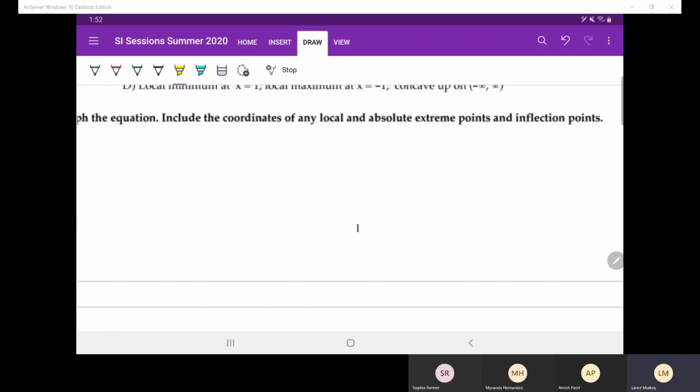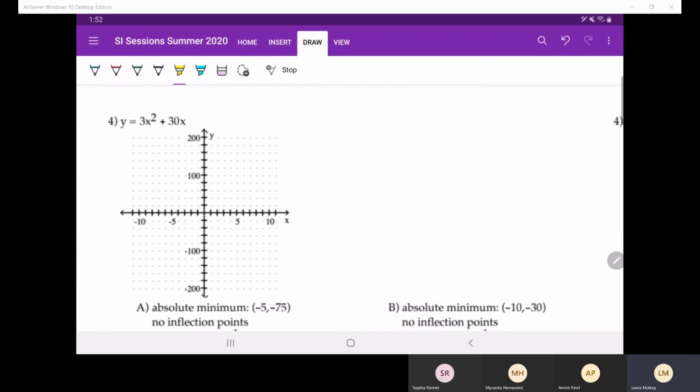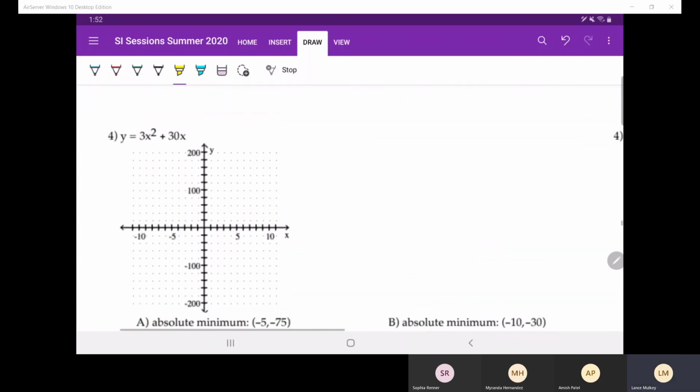Graph the equation, including any local or absolute extreme points and inflection points. So he wants you to graph it. So first thing we need to do, in my opinion, you can find the zeros. So now you know there's a 0 at x equals 0 and a 0 at x equals negative 10. That's quick by factoring. I'd always start by factoring.